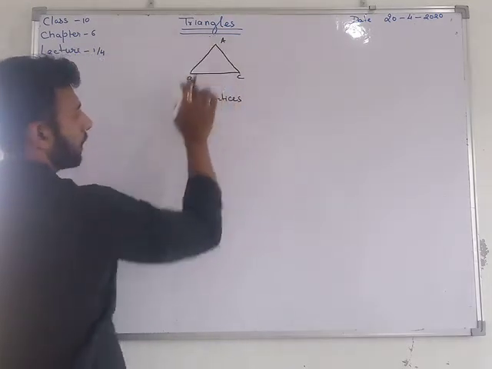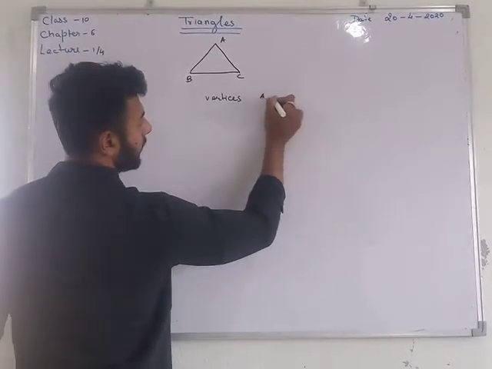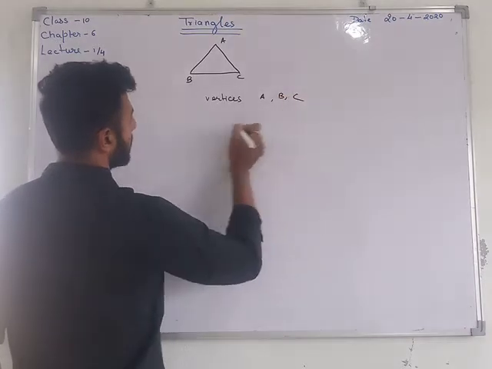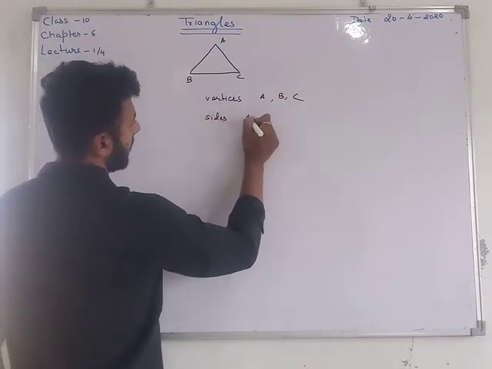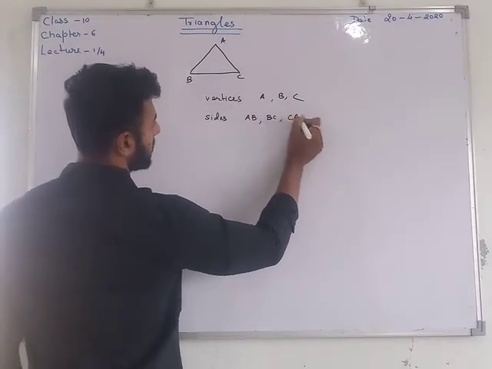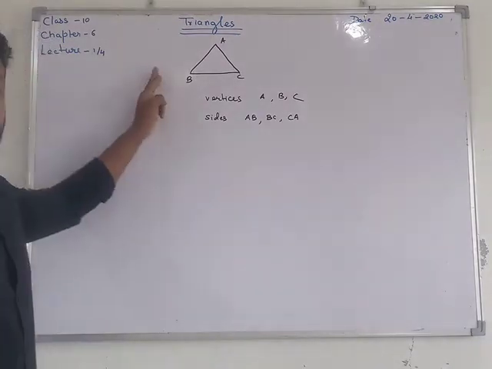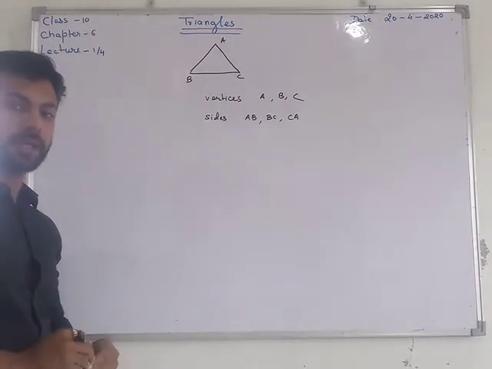Vertices are corners A, B and C, and sides AB, BC, CA. We are having the three sides and the three corners or vertices of the triangle.